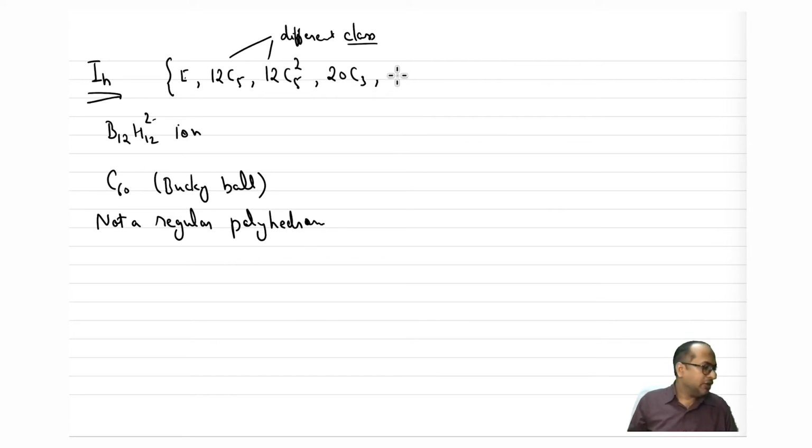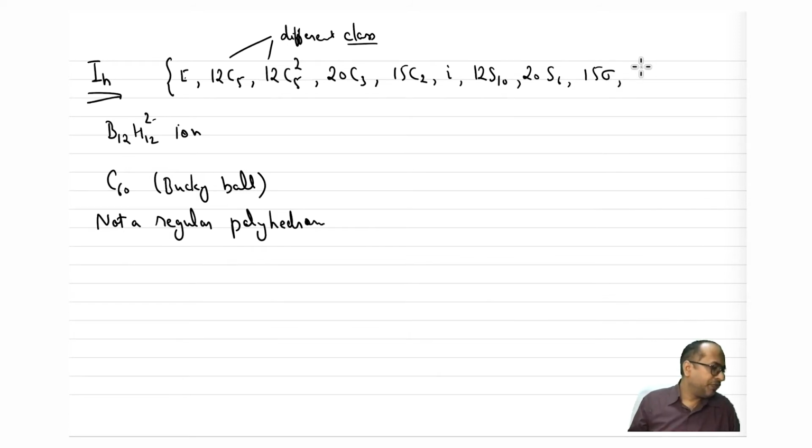Okay, so 15 C2, i, 12 S10, 20 S6, 15 sigmas, and 12 S10 cubed. So the order of the group is 120.